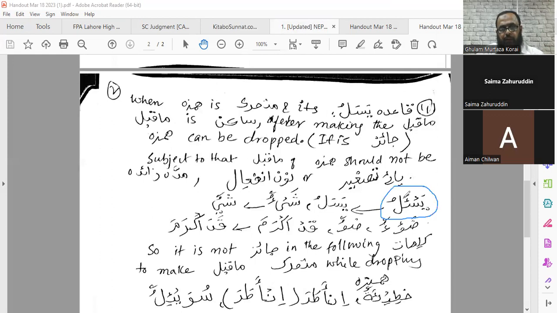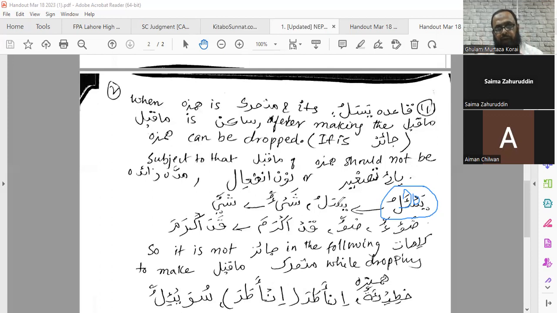If Hamza is mutaharrik and its maqabal is sakin, then after dropping Hamza, we can make the maqabal of Hamza mutaharrik. So yas'alu becomes yasalu. Hamza is dropped and the maqabal is made mutaharrik. Seen was sakin, now it has been made mutaharrik. The harakat of the Hamza is transferred to the maqabal, that is seen.